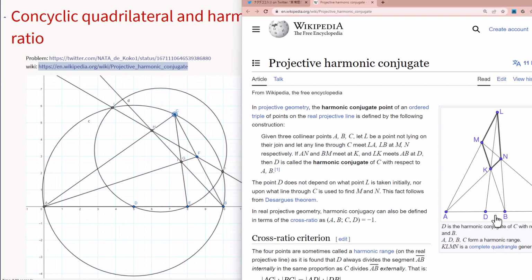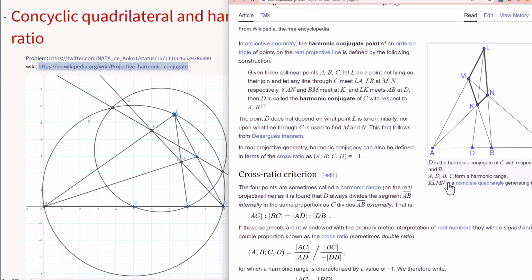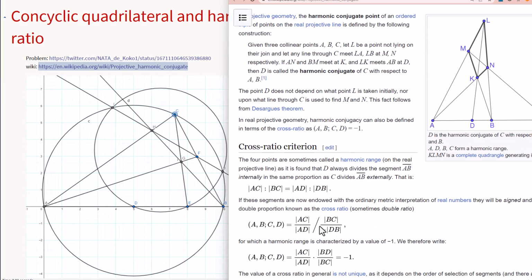And E is the D here. So it's a diagonal line of this quadrilateral. LKD is in the same line, the same as CGE in my case. And D is the fixed midpoint, which is not shown here. Once you have this diagram, a very important relationship is called harmonic conjugation.